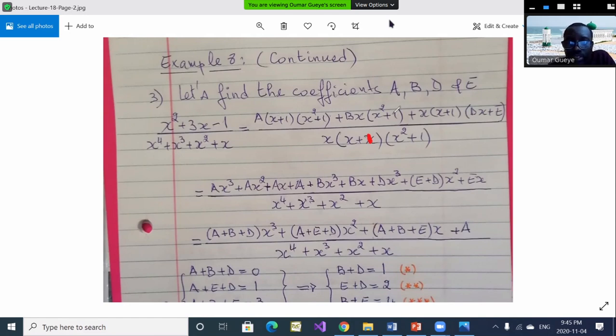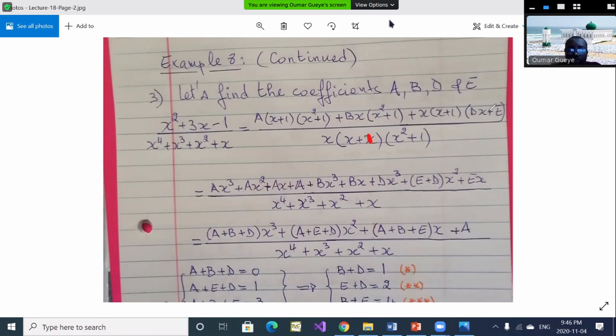For the second term, you will get bx cubed plus bx. For the third term, you expand this part first and multiply with this, it's going to be dx cubed plus ex squared plus dx squared and plus ex.